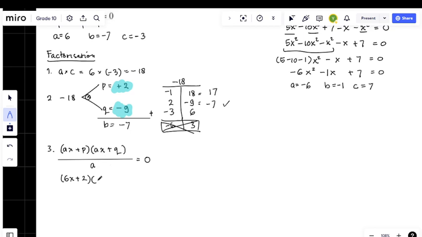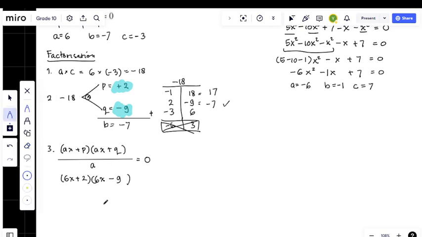Then ax plus q, so another 6x, but now plus q, plus negative 9. Yeah. Plus negative 9. So to make it short, ya, untuk mempersingkat, plus negatif 9-nya ini langsung saja bisa tulis minus 9. Okay, and then divided by 6. It is 0.